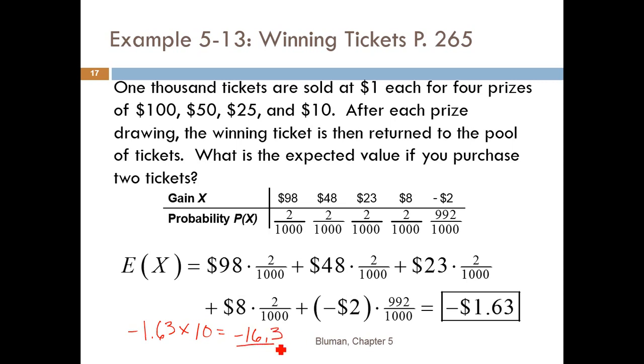This is through the eyes of the player. If we were doing this through the eyes of the people running the booth, these would be negatives and this would be a positive, and everything would be flipped, and it would just be a positive $1.63 because that would be through the eyes of the person running the game.